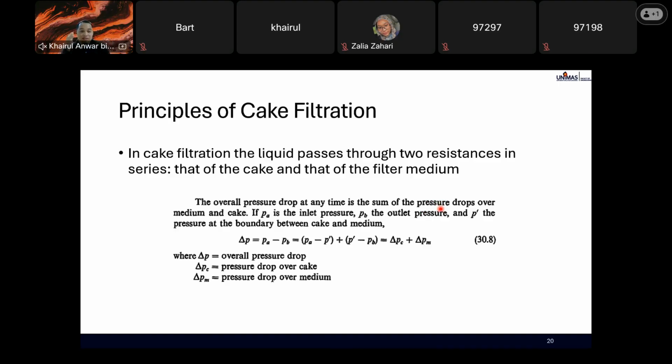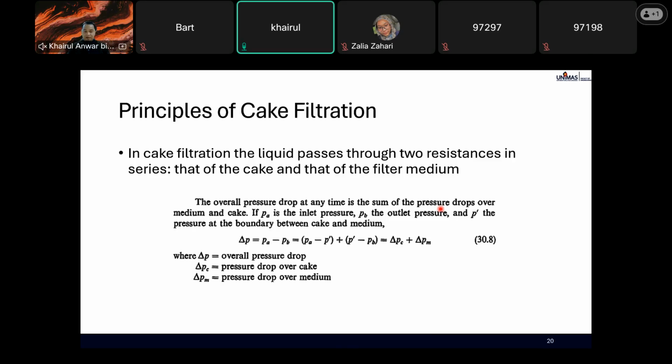In cake filtration, the overall pressure drop at any time is the sum of the pressure drop over medium and cake. If PA is the inlet pressure, PB the outlet pressure, and P prime the pressure at the boundary between cake and medium, so we have delta P equal to PA minus PB, equal to PA minus P prime plus P prime minus PB, equal to delta PC plus delta PM.